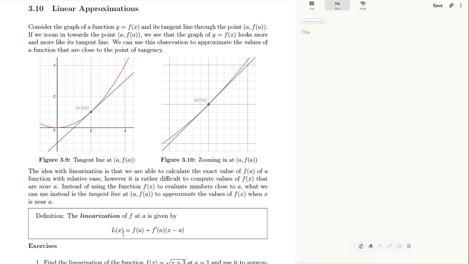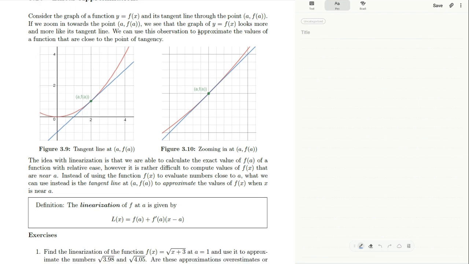And really, this is just the tangent line at the point a comma f of a. If you were to use the point slope formula, where the slope of the tangent line is the derivative evaluated at a, your x1 coordinate would be a, and your y1 coordinate would be f of a. This is really just the tangent line through that point.